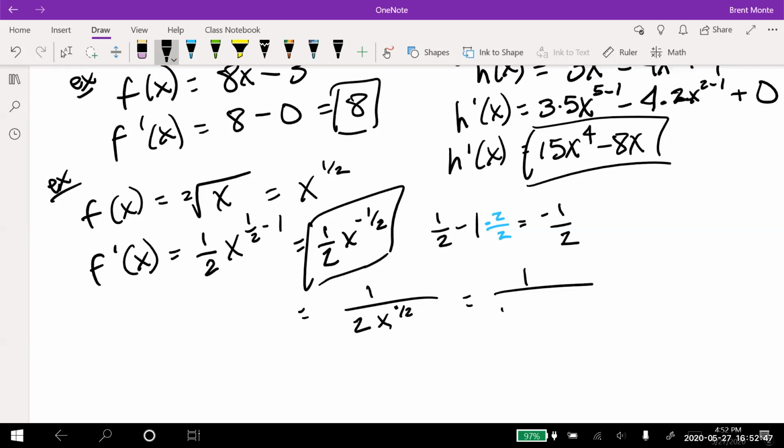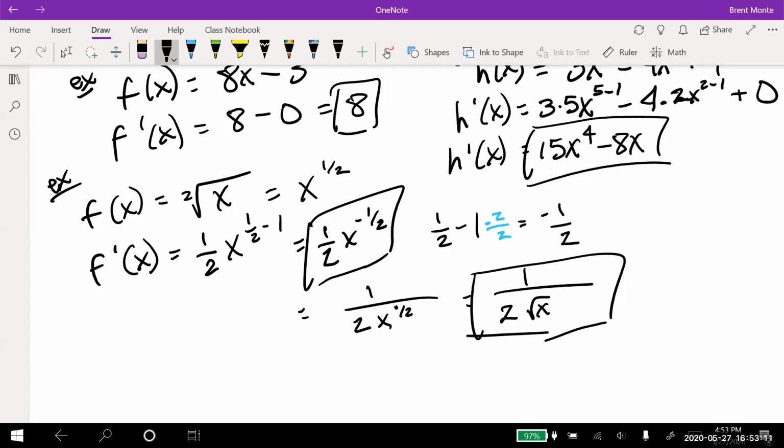So they may write the answer this way. I don't know. I think they'll often accept it as 1/2 x to the -1/2 power, but put it in and see. If not, they may want you to change it, but I think a lot of times they will accept that other answer. And that's why I give you practice problems, so you know what the computer's looking for.